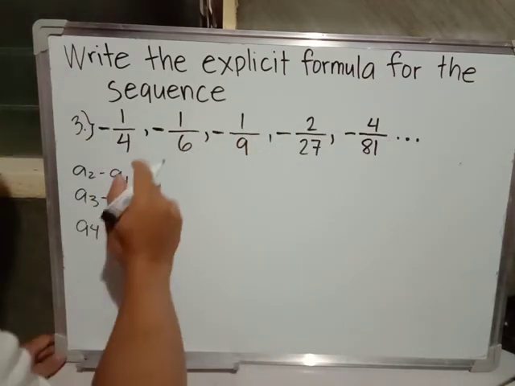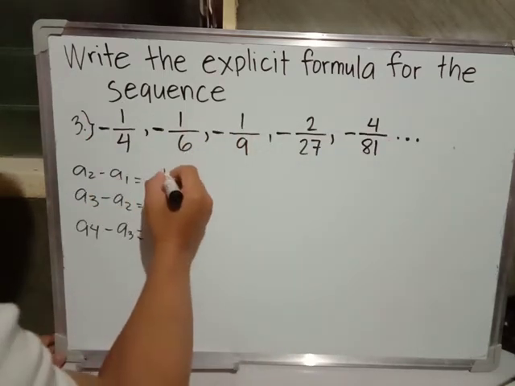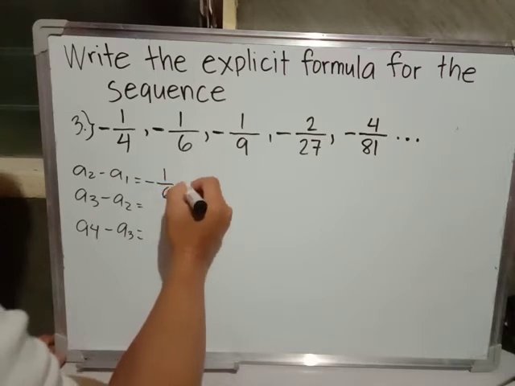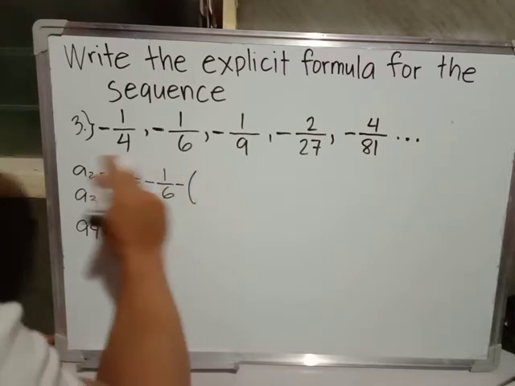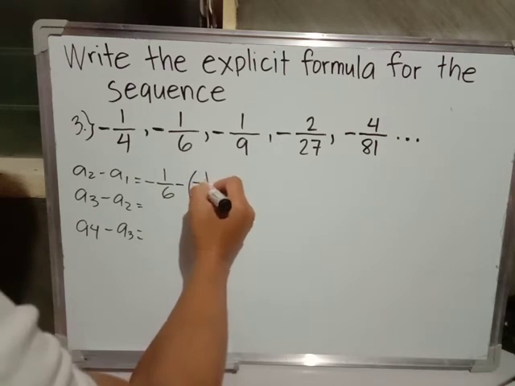So, E2 minus E1 is negative 1/6 minus negative 1/4.